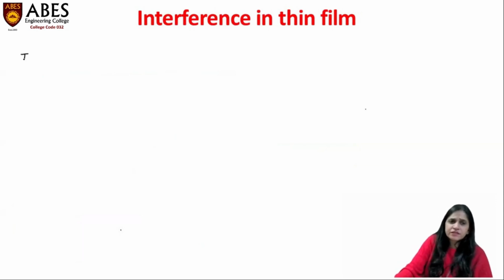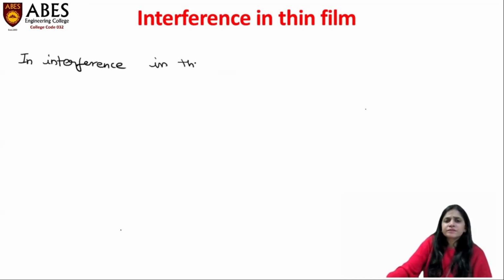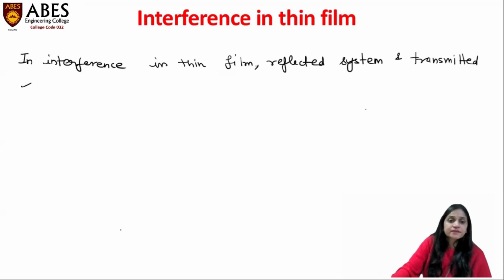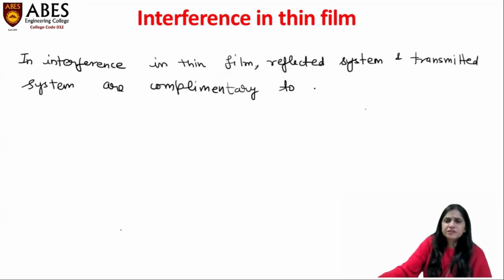So in interference in thin film, the reflected system and the transmitted system are complementary to each other.